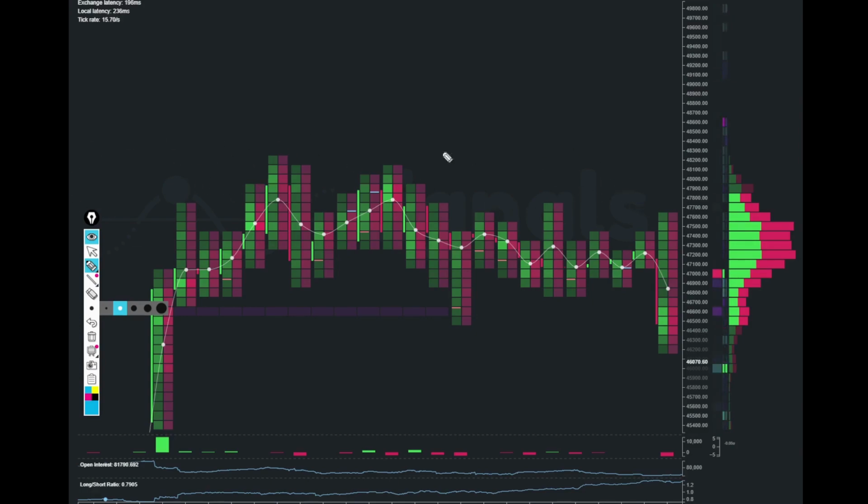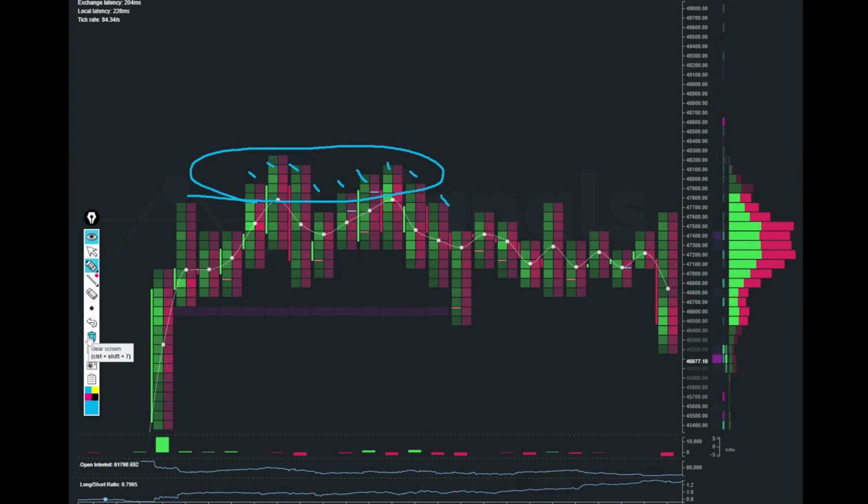There is absorption coming into the market in this general area, right? Because you see 1, 2, 3, 4, 5, 6, 7, 8, 9, at least 36 hours of sellers stepping in to absorb any of the buy pressure that bulls are exerting onto the market on Binance futures or in this time frame.